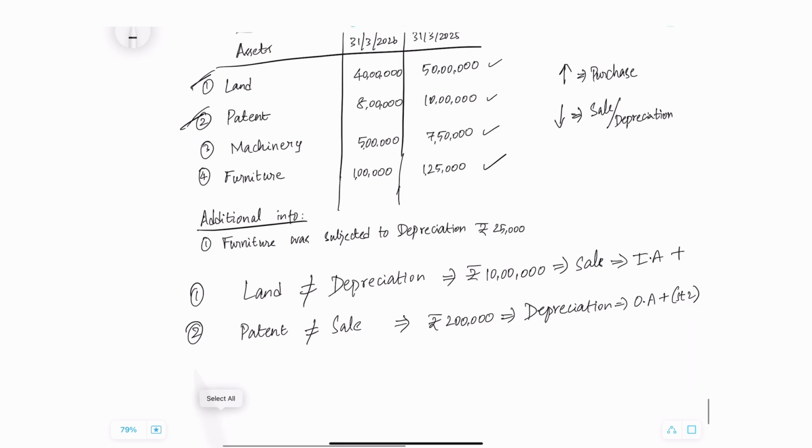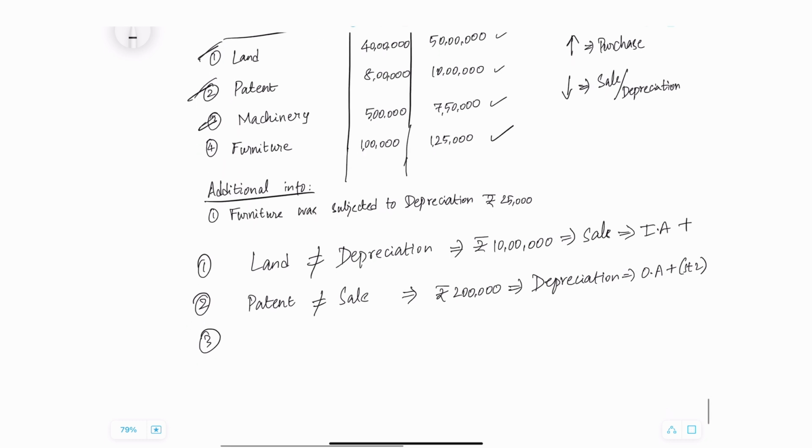Okay, now moving on. Third scenario, machinery. Now machinery doesn't follow any fixed rule. You compare third and fourth and study that together. First, let me explain asset number 4, which is furniture, because the additional information has clearly stated the value of furniture has decreased by 25,000 comparing to the previous year.